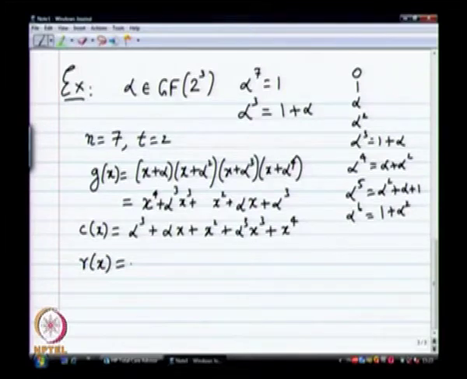Remember, you want to make your computation of syndrome easy. So, what should you get rid of? The last two terms you can get rid of, right. So, it is maybe a good idea to assume that the R of x is alpha power 3 plus alpha x plus x squared.